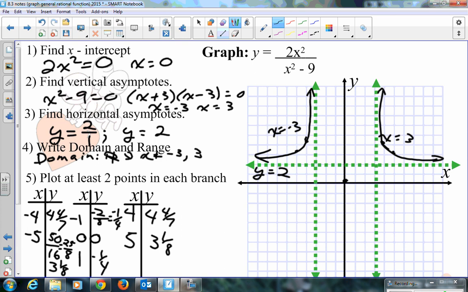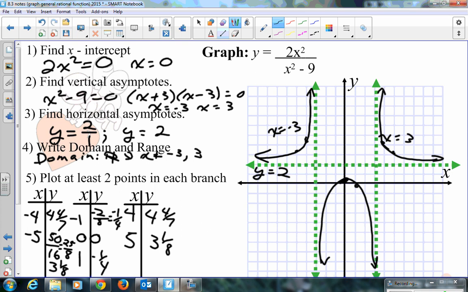Okay, -1, -1/4, and we can see that the movement is going to be down, and I'm going to be approaching this asymptote. We have that basic shape.